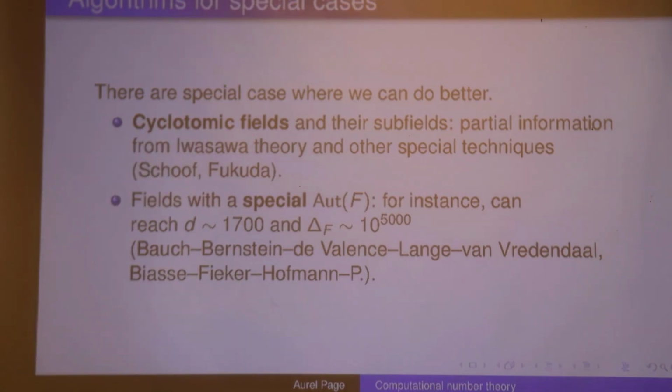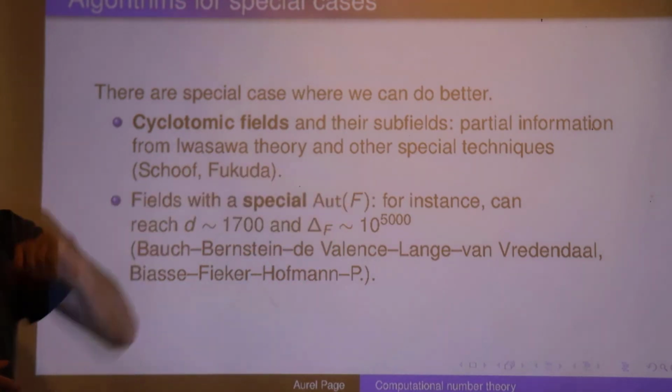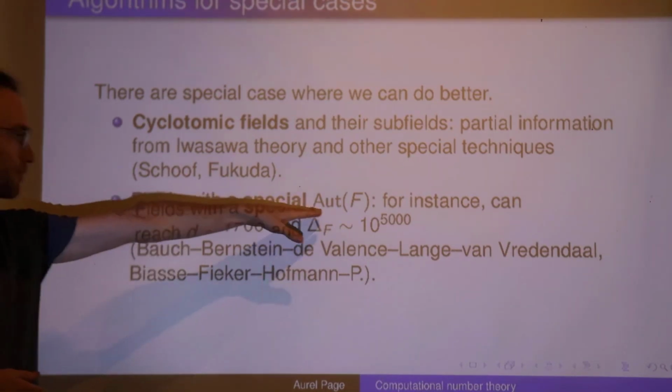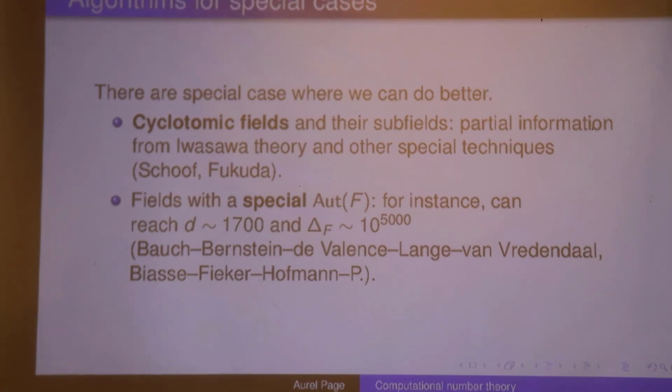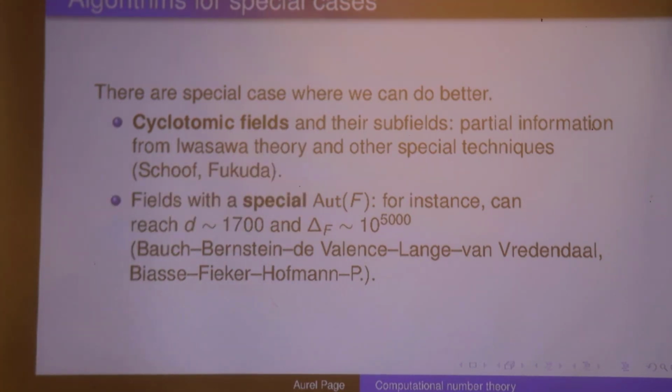And there are also algorithms that exploit the special structure of the automorphism group. Depending on how special this is, you can do much larger. For instance, you can reach degrees up to almost 2,000 and large discriminant as well, under some very special conditions on the automorphism group.